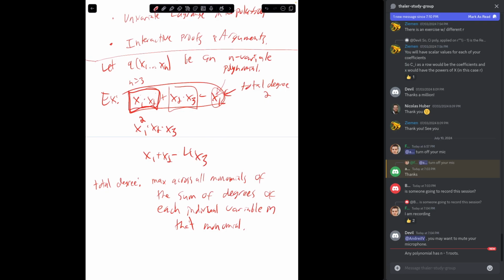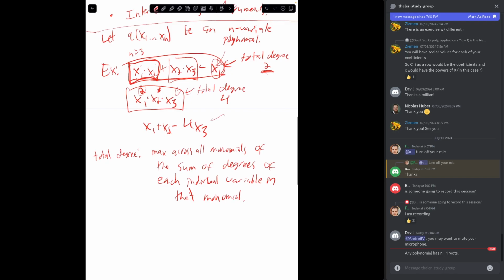This monomial, just x1, has total degree 1, but we take the max across all the monomials, so the total degree of this thing is 2. This thing has total degree 4, because the total degree is 2 plus 1 plus 1. And this thing has total degree 1.